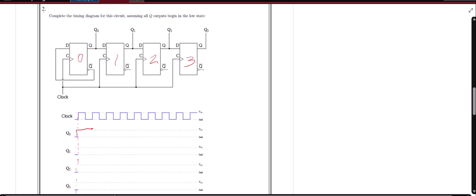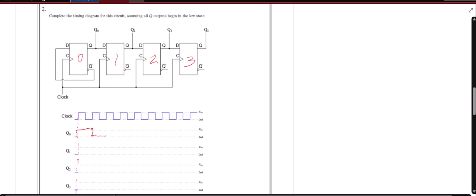Okay, so from this positive clock edge, we got Q was going to be 1. That means Q bar is going to be 0. And so the next time the clock edge comes around, it's going to be 0. So it'll go back to 0, and it'll stay that way until you get to the next clock edge.